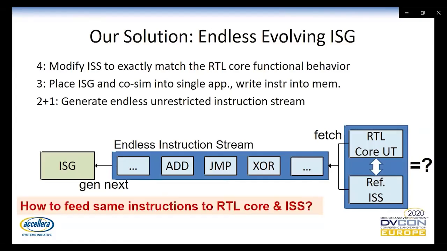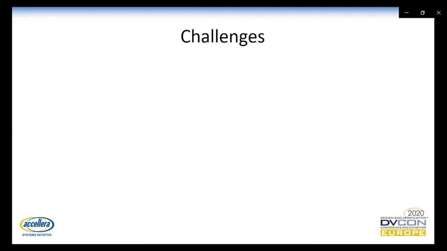While this conceptually seems rather straightforward, the main problem is how to feed the same instruction sequence that goes to the RTL core into the ISS. This is actually the main challenge involved here. The key problem is that the fetch behavior between the RTL core and ISS is different.